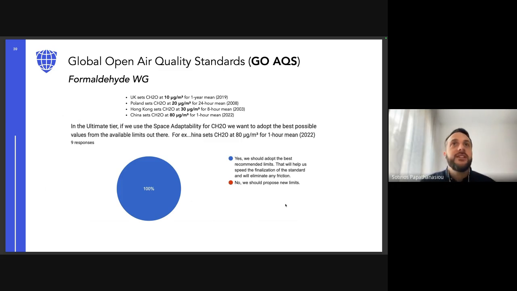The majority agreed. There was no comment around that. I would like to hear your opinion today. First of all, whether we should go with a ceiling limit and have just one value, or we should adapt those proposed limits that you can see on your screen.